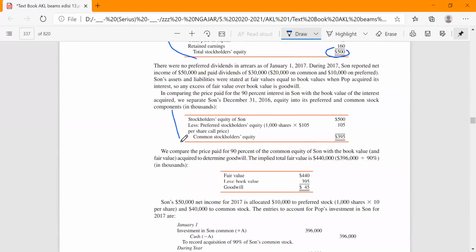Take a look at this part. The total stockholders' equity is 500,000, and then we subtract the preferred stockholders' amount, which is 1,000 shares times this number, because it is the callable amount, so we use the call price.